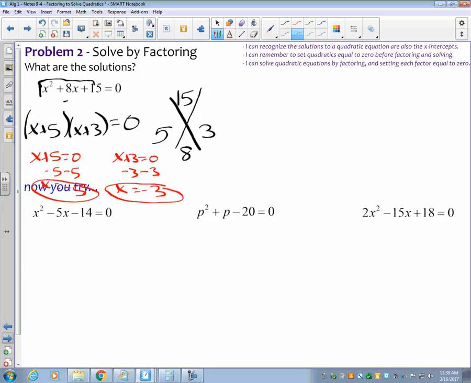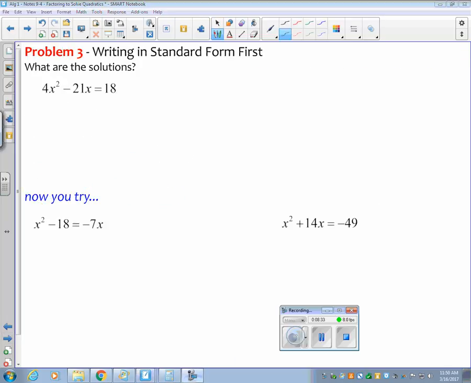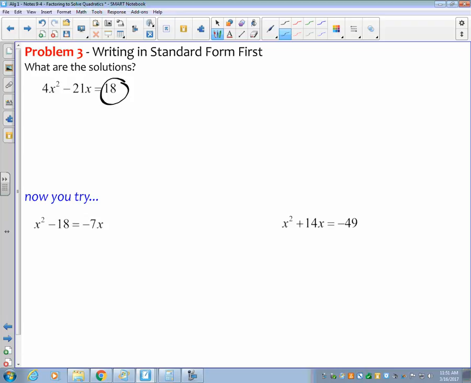Yes. Okay. So we're going to take a commercial break for these guys at home. When it's not already in standard form, we need to move everything over to one side. So if I have anything other than 0 on one of the sides, I need to bring it over. If I have 18 and I want it to be 0, what is the opposite of positive 18?